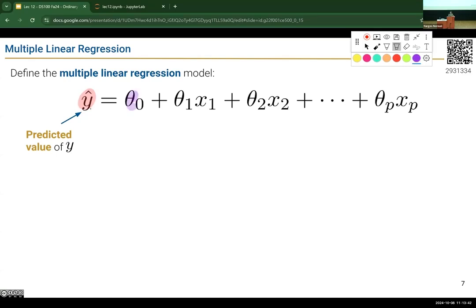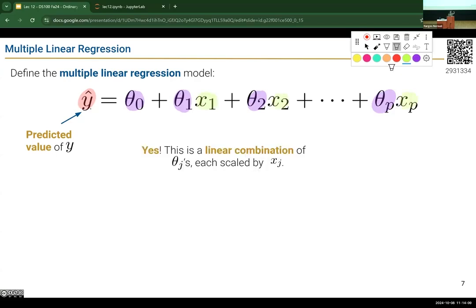We have theta 0, the same y-intercept bias term we talked about previously, in the constant model and in simple linear regression. And then theta 1, theta 2, all the way to theta p. If I have p different features, I have one theta 0 and p different parameters for the features. My features are x1, x2, and xp.